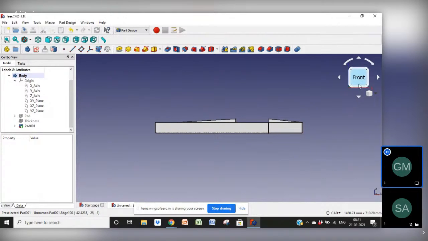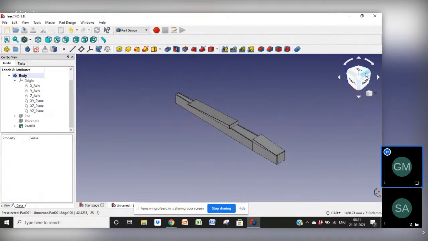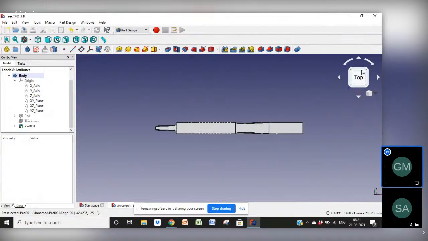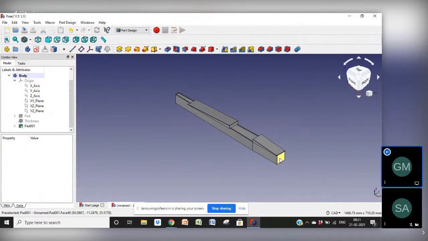Okay, but from the top, this should be cut out. So this is plain, I guess.